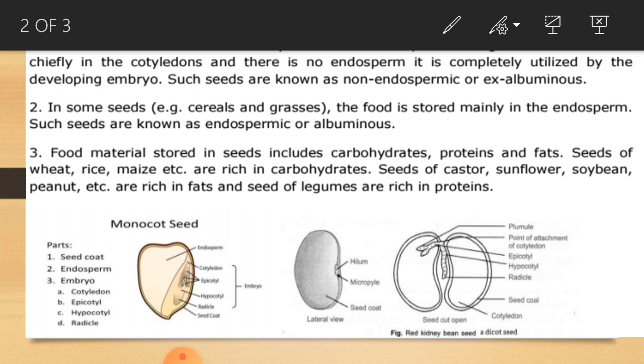So different types of nutrients are stored in different seeds. This is all about food storage in seeds.